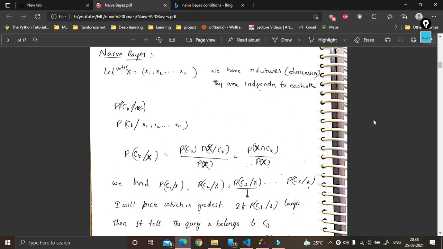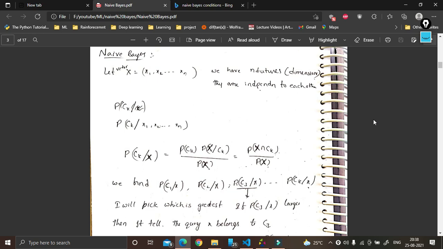In naive Bayes, by using the Bayes theorem, we can rewrite this as: the class probability of ck given x is probability of ck, probability of x given ck, divided by probability of x, which is probability of x intersection ck by probability of x.